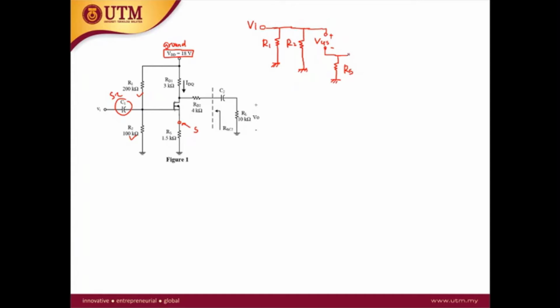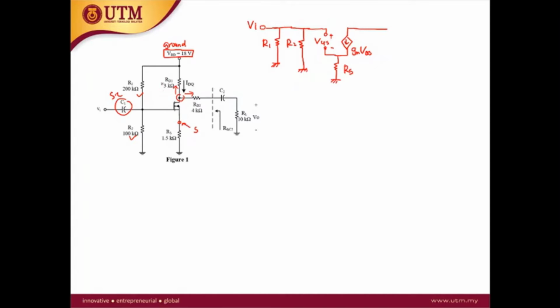Since this is without the bypass capacitor, RS appears in the mid-band equivalent circuit. So between source and drain, we have the voltage dependent current source, gm VGS, and then at the drain we have two junctions.